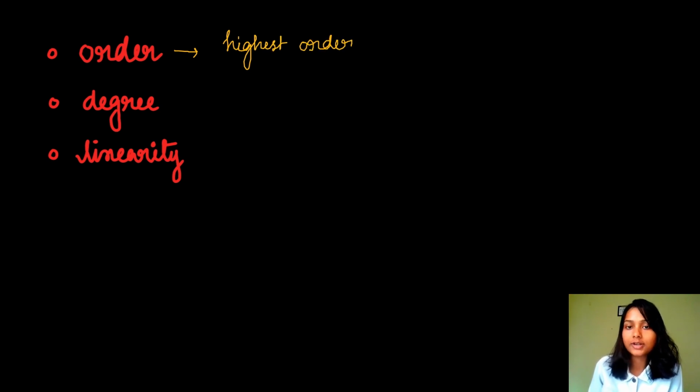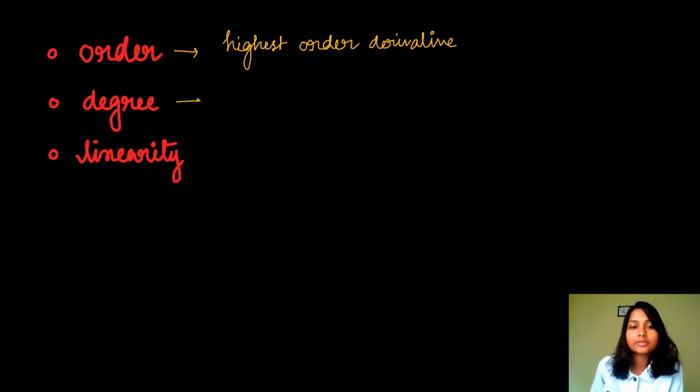Now, moving to the order, degree, and linearity of the differential equation, let us first define what is order. The order of a differential equation is defined as the highest order derivative that is present in the differential equation.